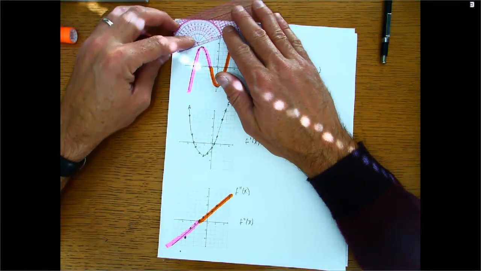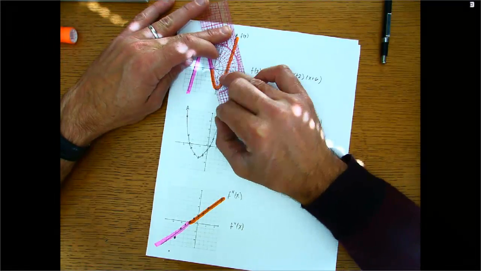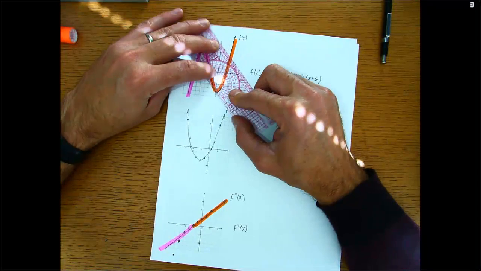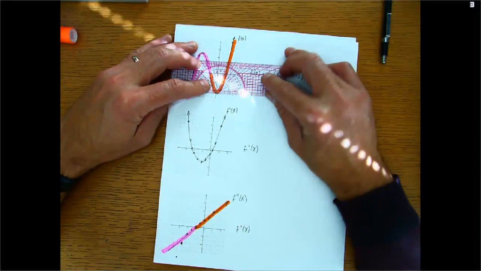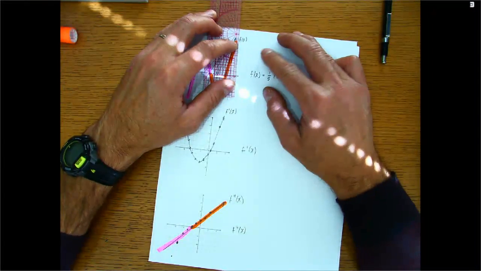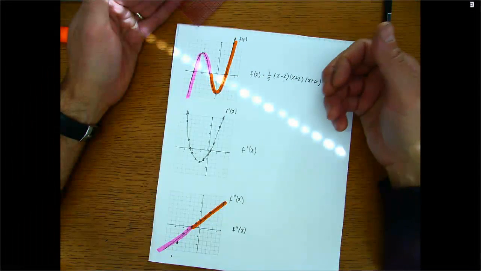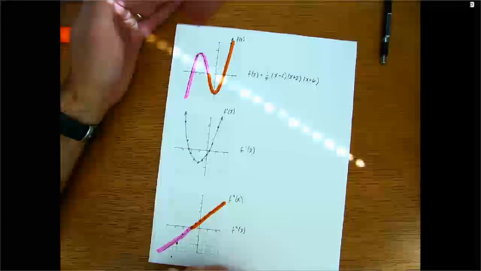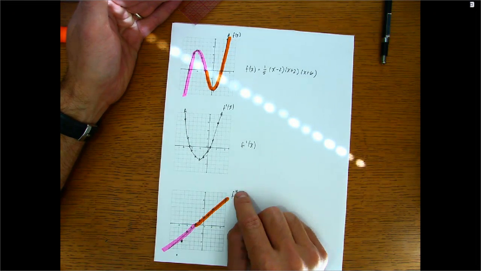They decrease, decrease, decrease till I get to here, and now they decrease some more until I get to here. But at that point, at that -2, the values of the slope now slowly start to increase. I know they're negatively valued, but they're growing towards 0 till that point, and then they grow towards a higher number in that region. So in a sense, what the second derivative tells us is the rate at which the slopes are changing. So are they increasing or decreasing? They're decreasing until they get to here, and then they're increasing across this interval.